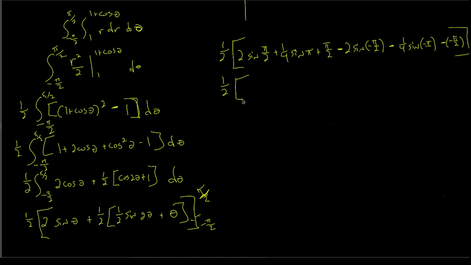So we're going to get 1/2, 2 plus 0 plus pi over 2, plus 2 minus 0 plus pi over 2.